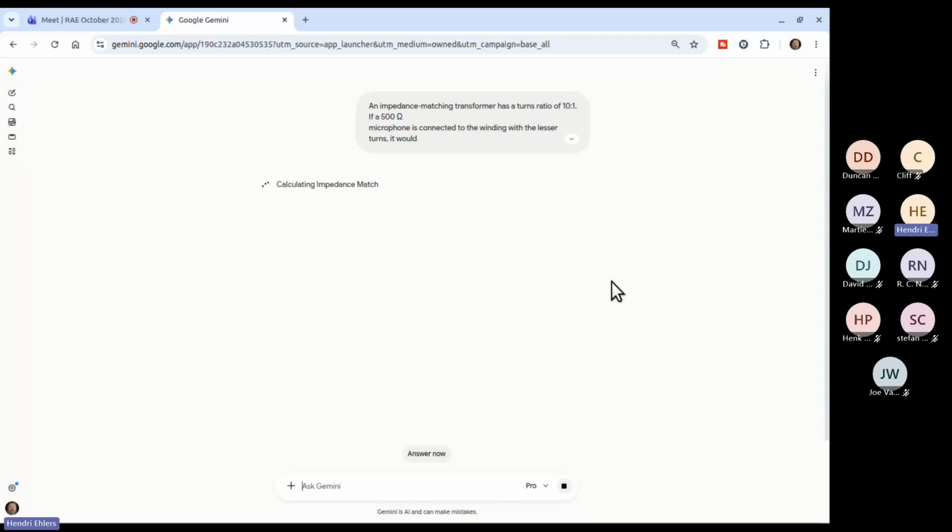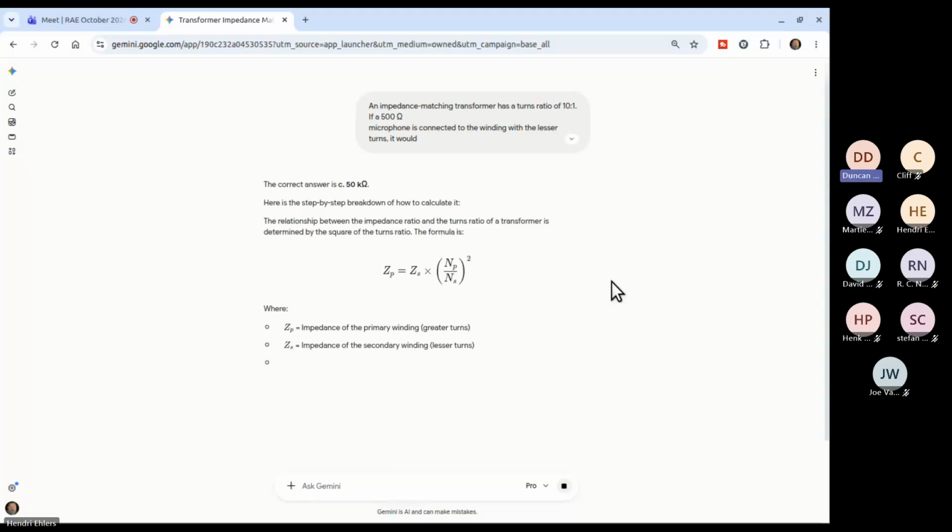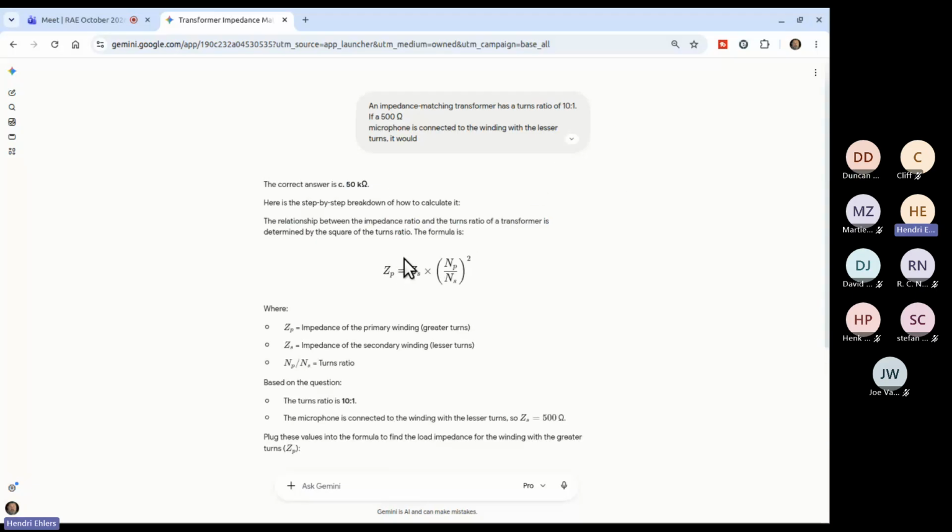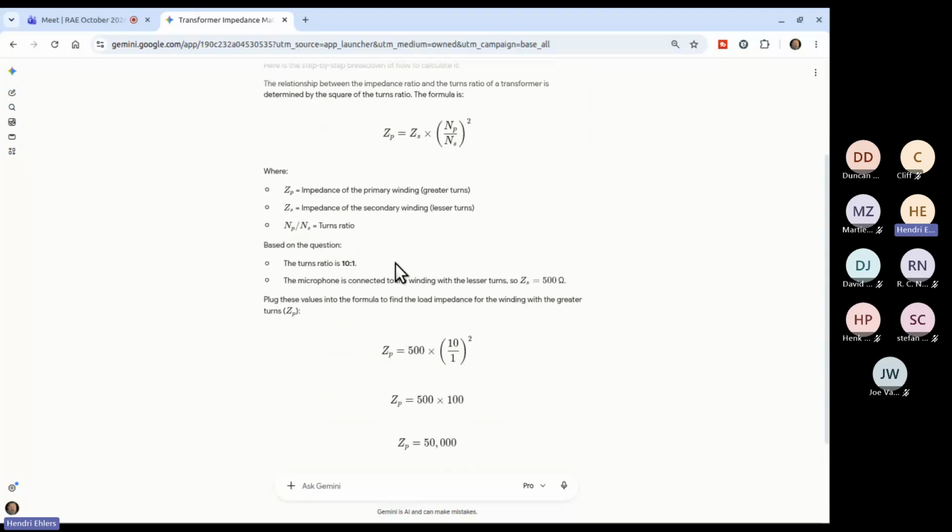Okay, we will just wait till this thing does its job, and then we'll see how it gets to 50, and there's the formula. I wonder, can I zoom into this?